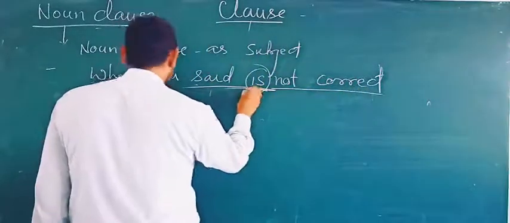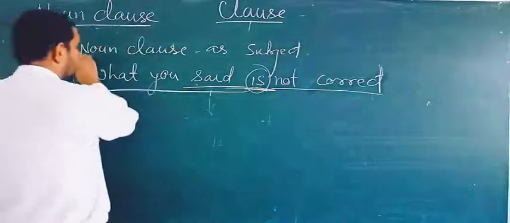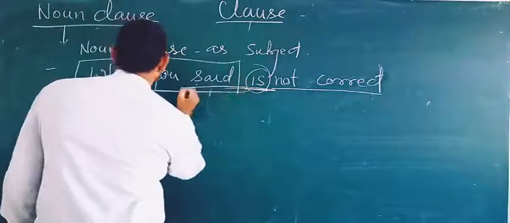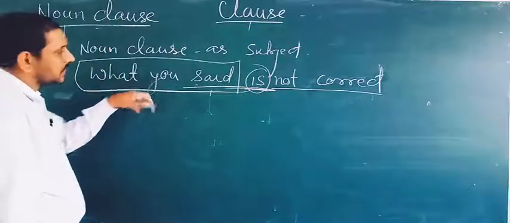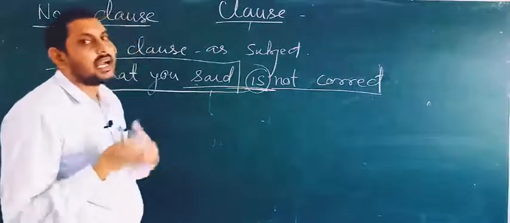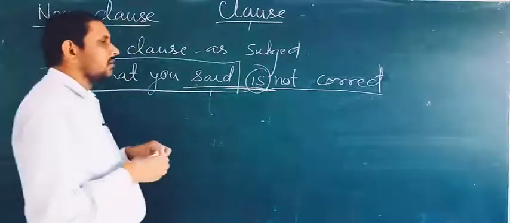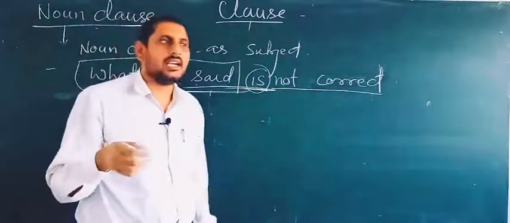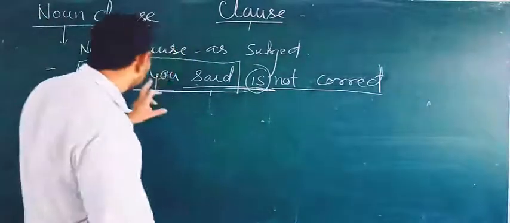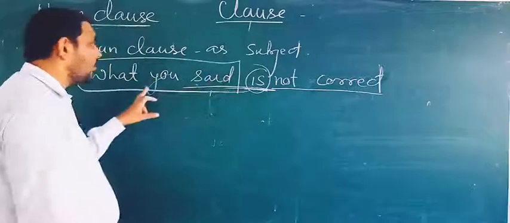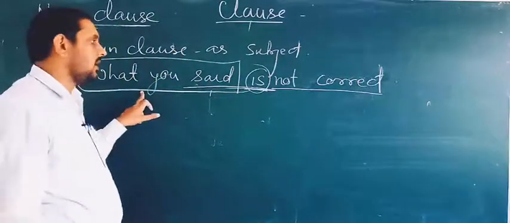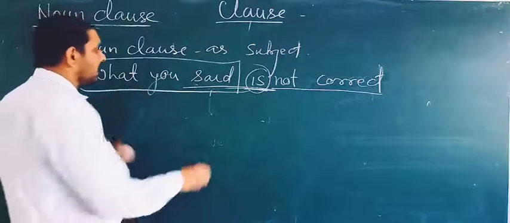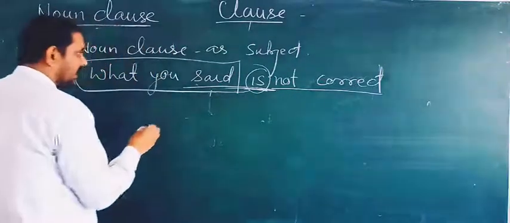So this is the clause. You just see "what you said", आपने क्या कहा? You said about things, you said a fact, you said anything. That means the subject of this sentence is "what you said", आपने क्या कहा.